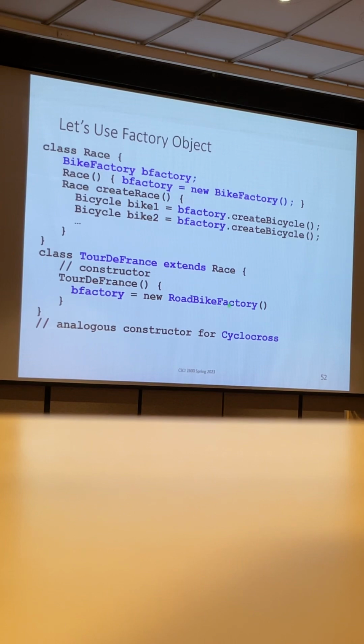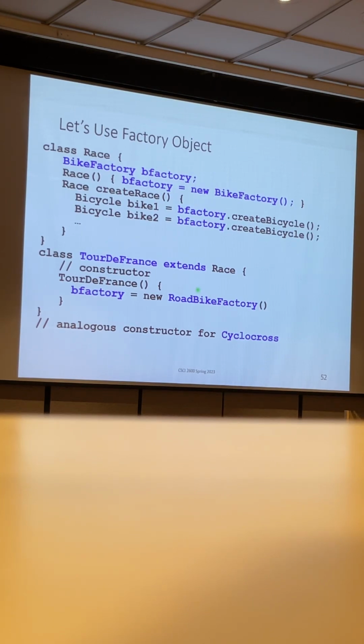If we want to have more flexibility, if we want the system to be less rigid, we're going to say, well, would it be possible for me, when I'm creating a Tour de France race, to actually specify which type of bicycles I want this race to have? And the answer is yes. It's not actually that hard.